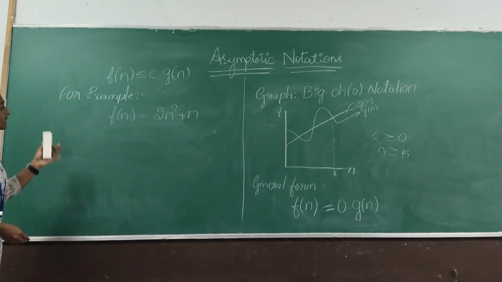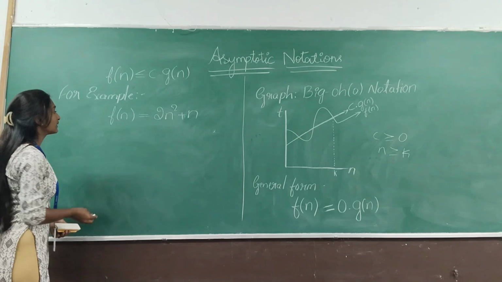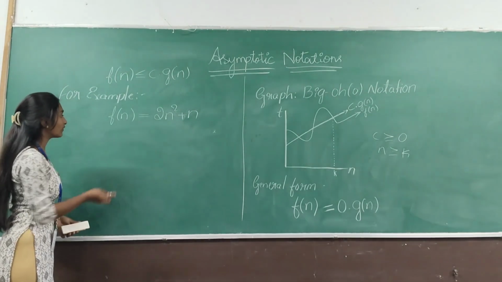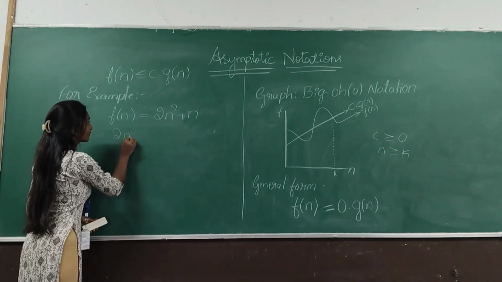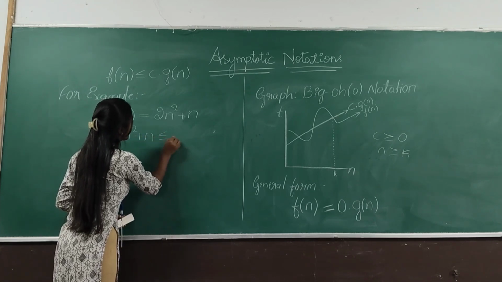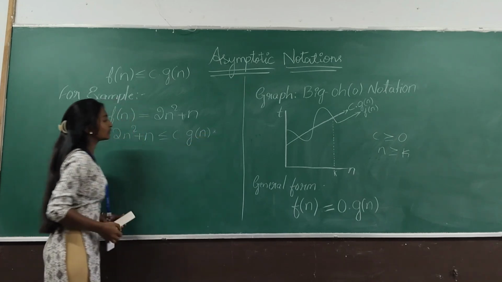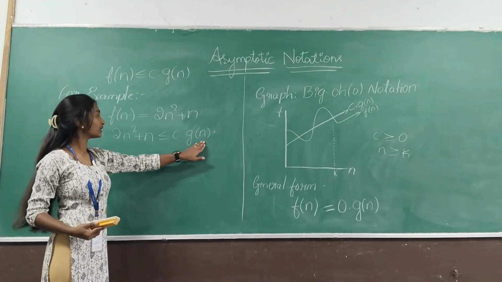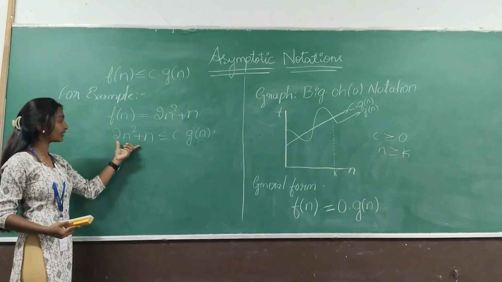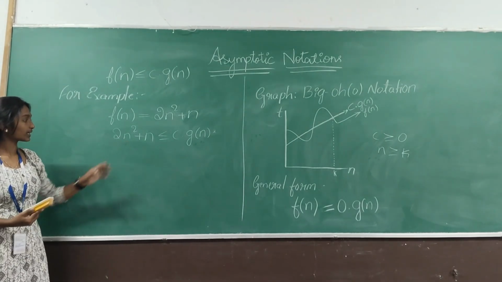So let us consider an example. f of n is equal to 2n square plus n. This is the function, and we can solve it like this. In this, we have to replace n with the term having the higher power. So n has the power 2, and we have to consider this.